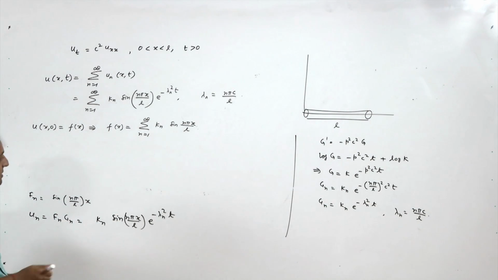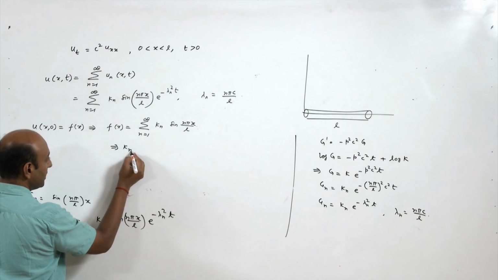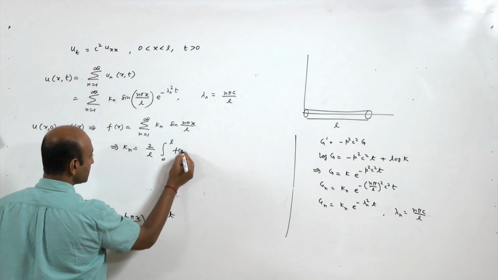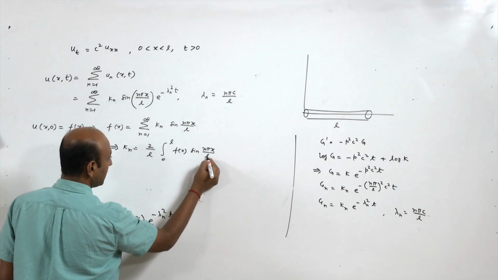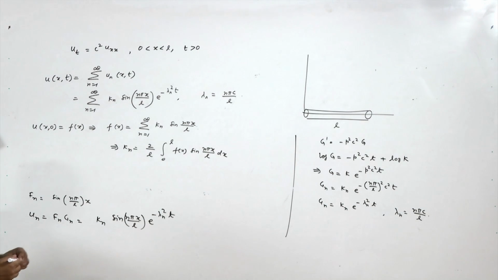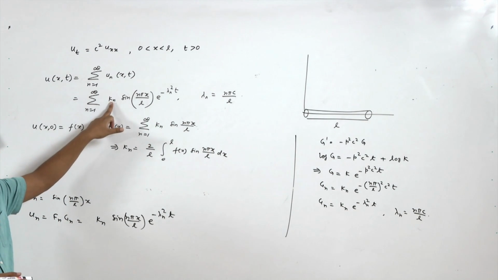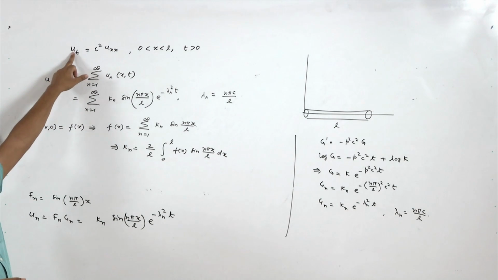So, hence kn will be nothing but 2 upon L integral 0 to L f(x) sin(n pi x by L) dx. If you substitute this kn over here, we will get the solution u(x,t) of this partial differential equation.